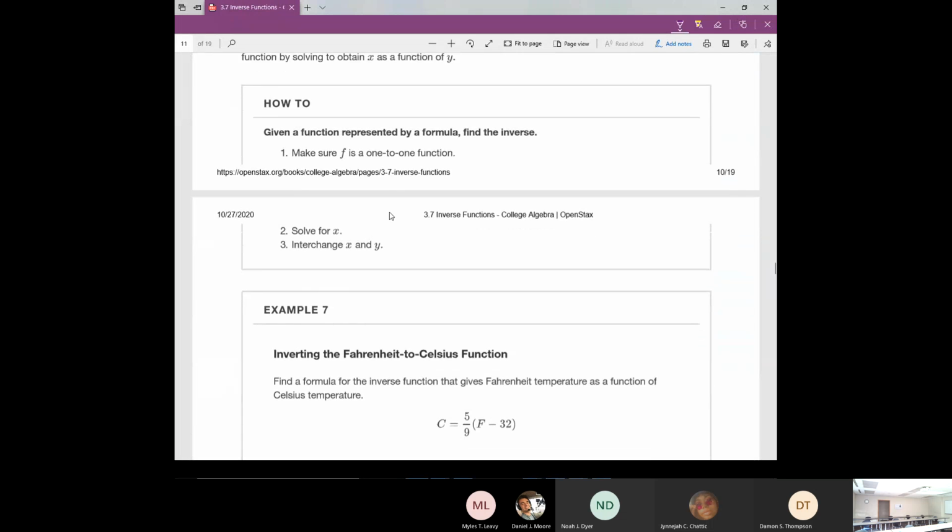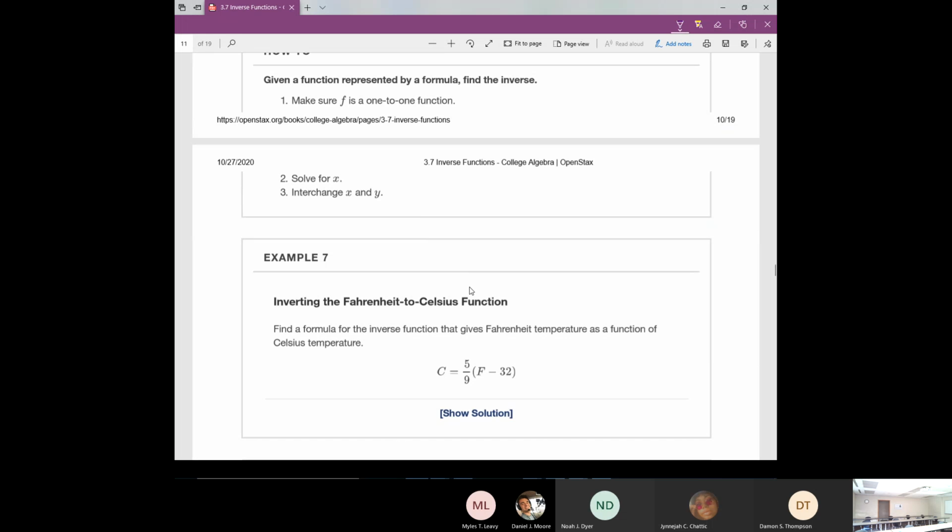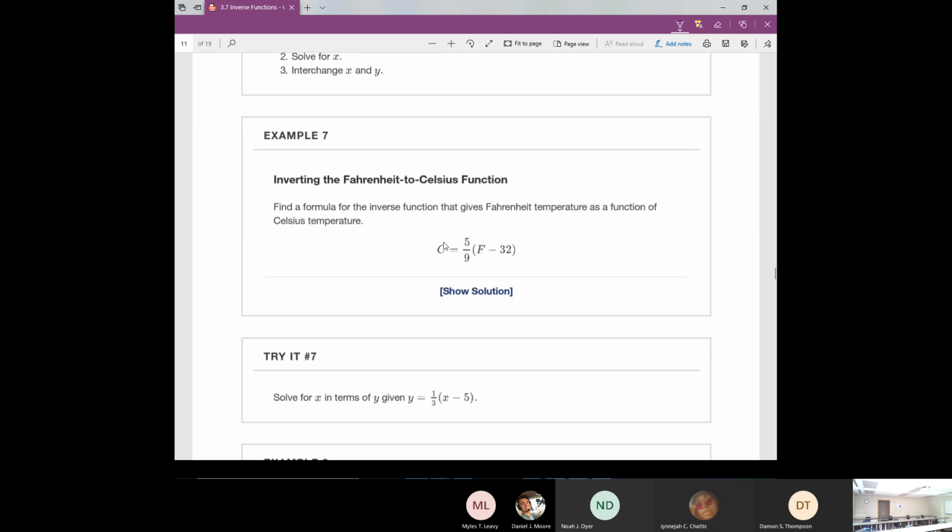I simply have a function, like they talked about at the very start, converting Fahrenheit to Celsius. Given a Fahrenheit temperature, I can get Celsius. So using this function, I can figure out the Celsius. So this is the Fahrenheit to Celsius conversion.